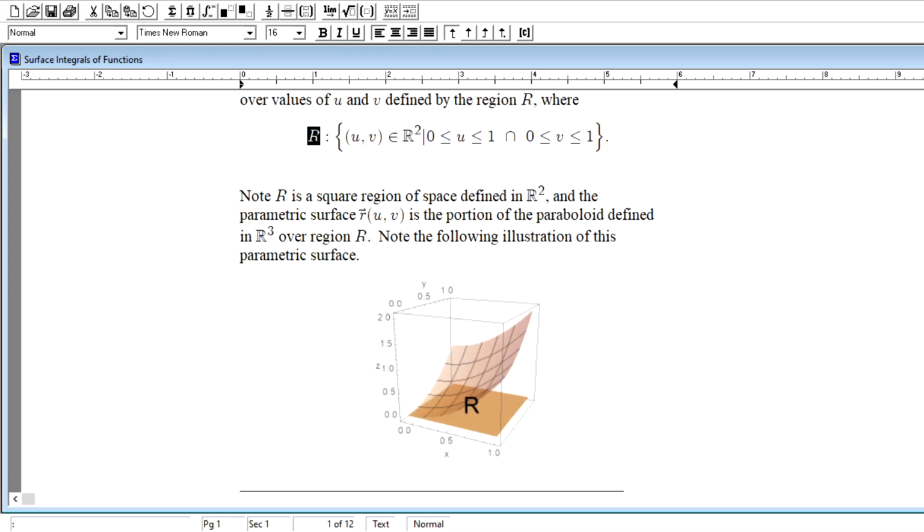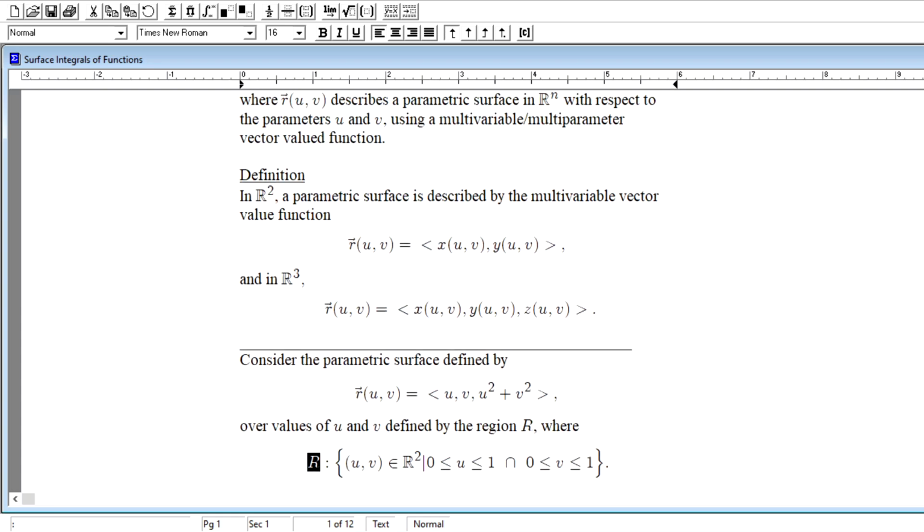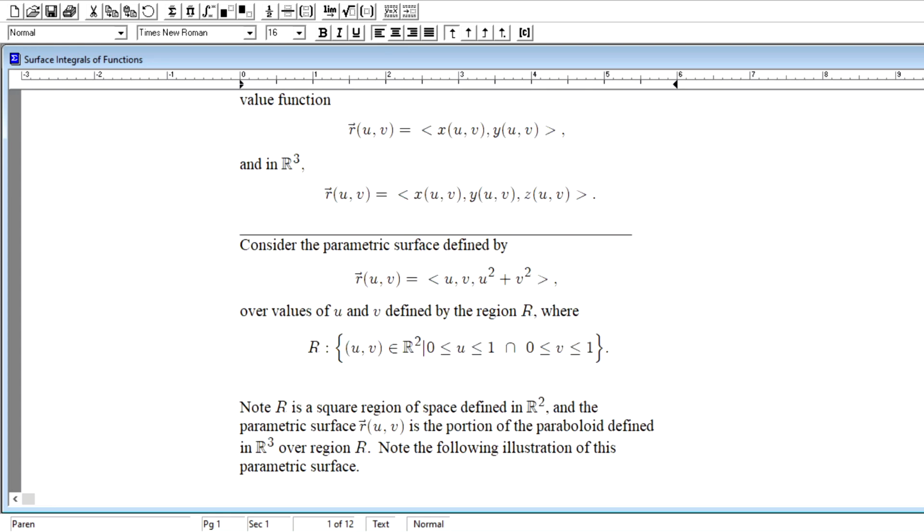Very analogous to how we define a parametric curve in n-dimensional space, or as we have seen in 2 dimensions and 3 dimensions, where a 2 or 3-dimensional description of a curve can be defined in terms of just one value of a parameter t, using these vector valued functions that are solely based upon a single parameter value.